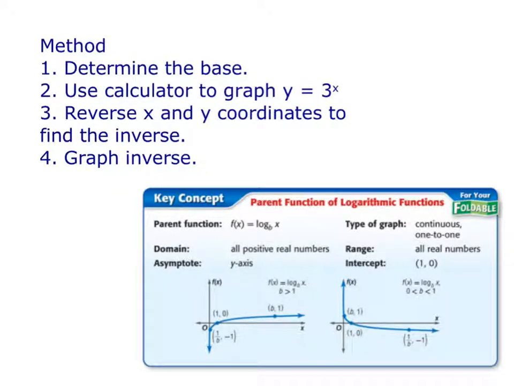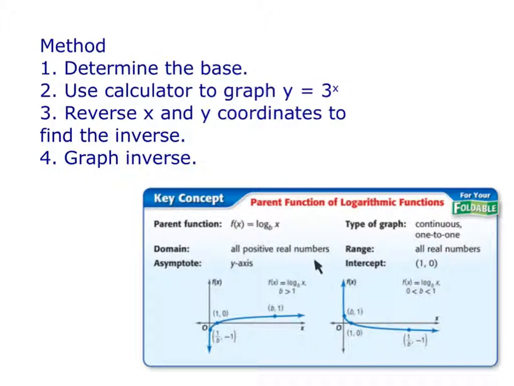So here's a recap of what we just did. Determine the base, use the calculator to graph y equals 3 to the x, or you can just find those points by hand, just like we did. Reverse the x and y coordinates to find the inverse, and then graph the inverse. So you can see here that log to the base b of x is a continuous one-to-one function.